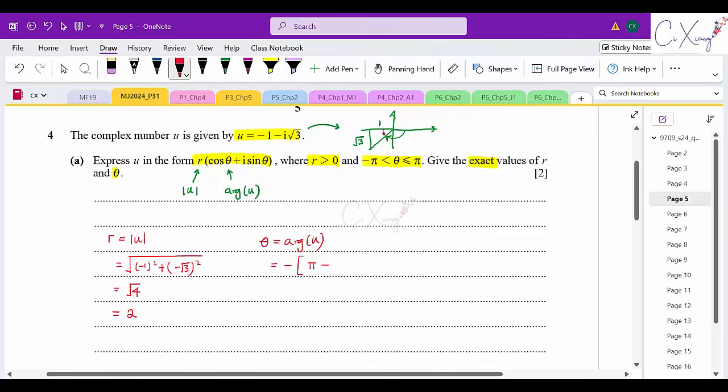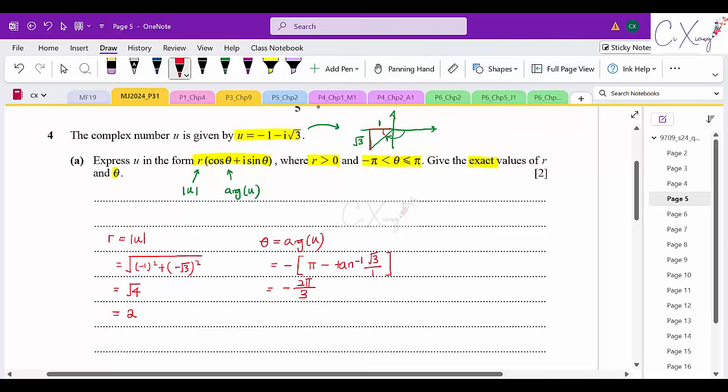To get the angle in this triangle, it should be equal to tangent inverse of the height over the base. So the height is square root of 3 over the base, which is 1. So it will be tan inverse of square root 3 divided by 1. Then you use the calculator to help a little bit. By right, you will be having negative 2 pi over 3.